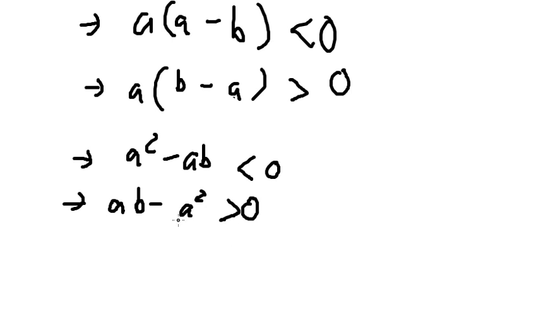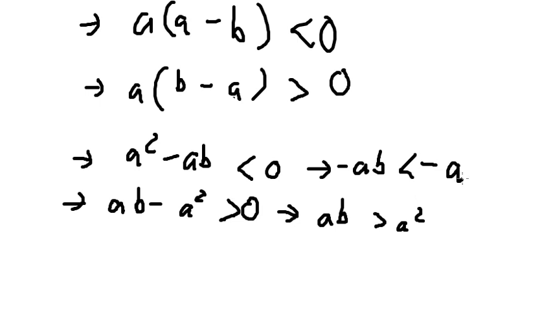So if I move this one here, we have ab is greater than a square. If I move a square here, we have negative a square. And if we simplify both sides, they will change back, going to ab is greater than a square.